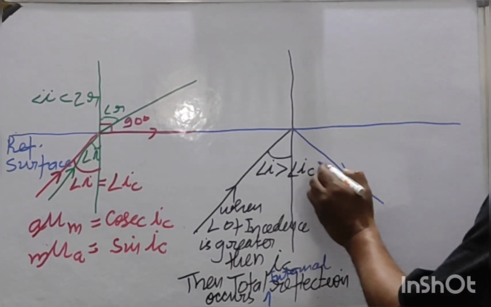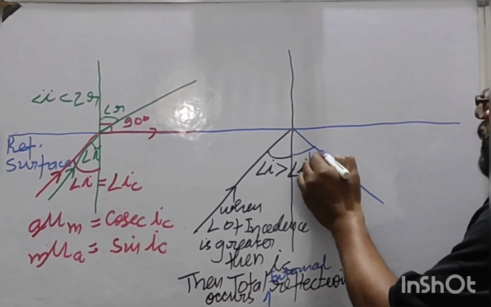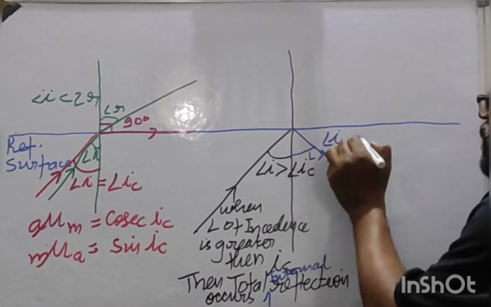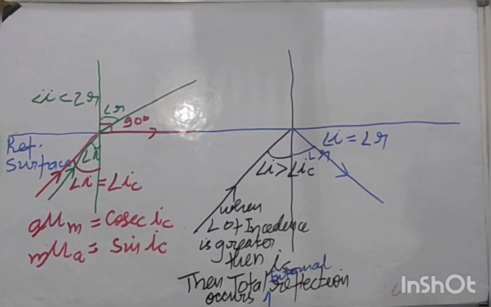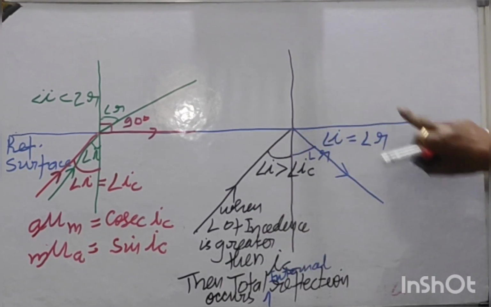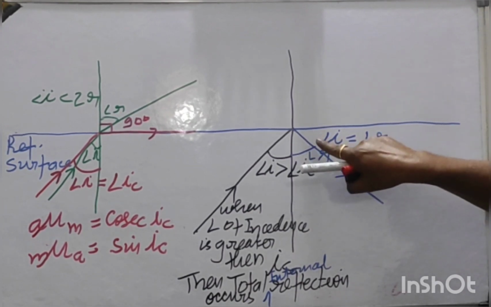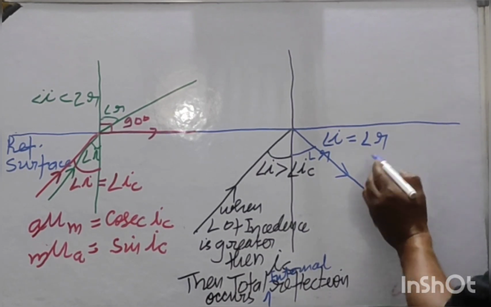So by the law of reflection, angle I is equal to angle R, right? This you understand? When the angle of incidence is greater than the critical angle, then the light ray comes back in the same medium, and the phenomenon is known as total internal reflection, right?